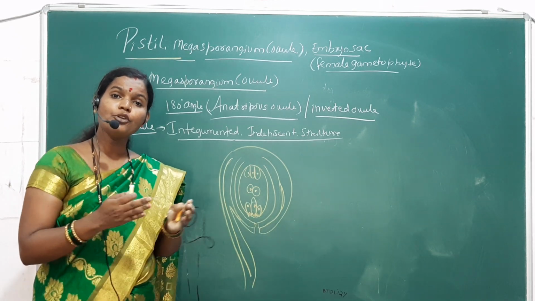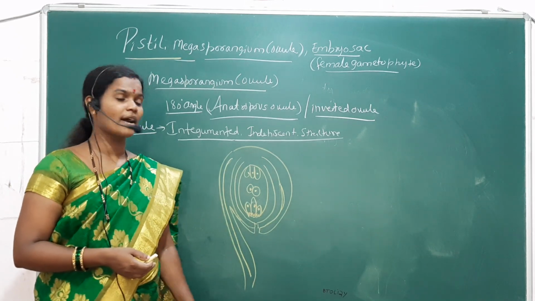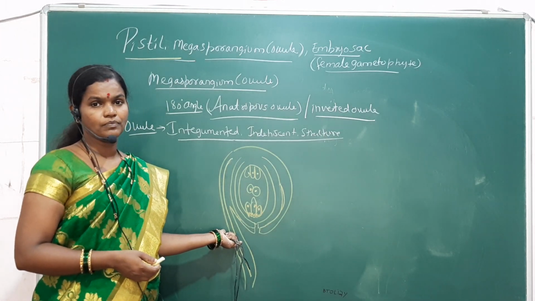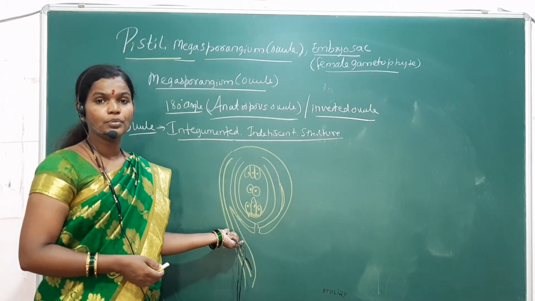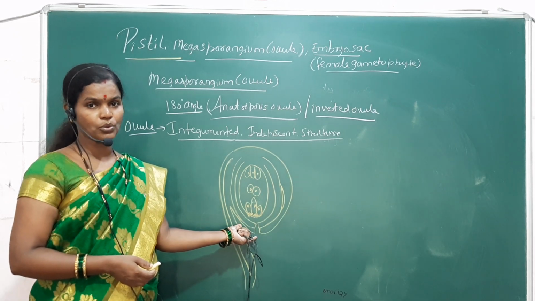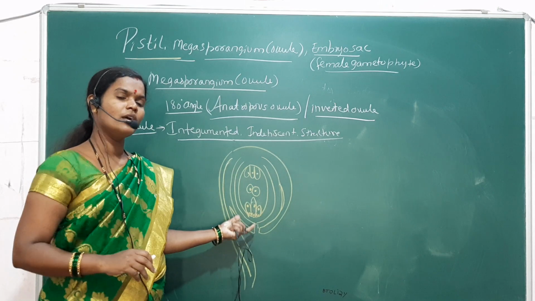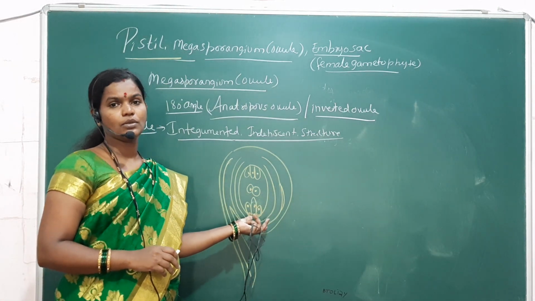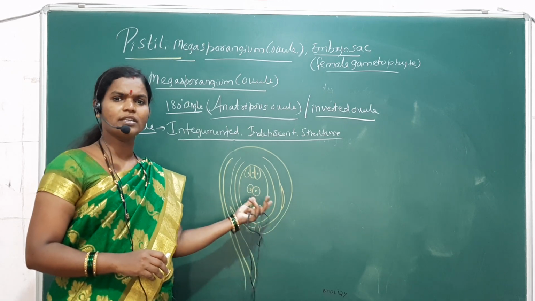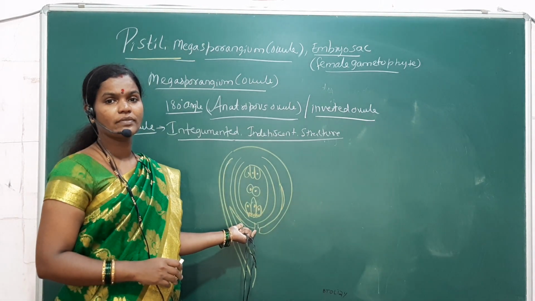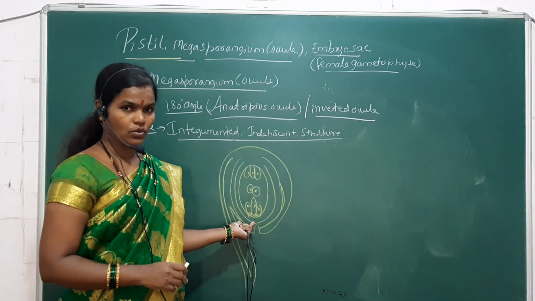Normally 82% of the angiospermic plants consist of the anatropous ovule. You can take commonly Solanaceae, you can take Malvaceae, you can take so many examples here. In all these plants there is a presence of the anatropous ovule.